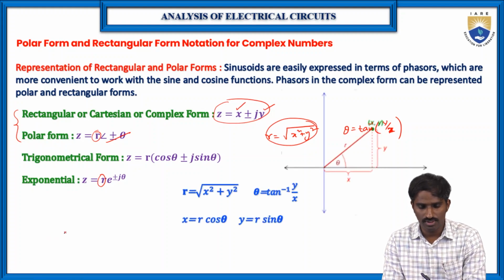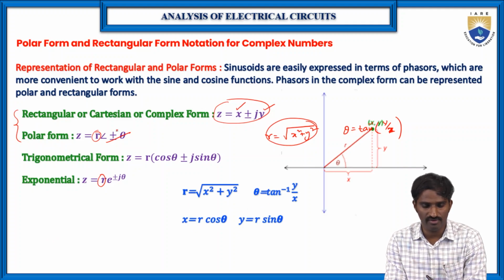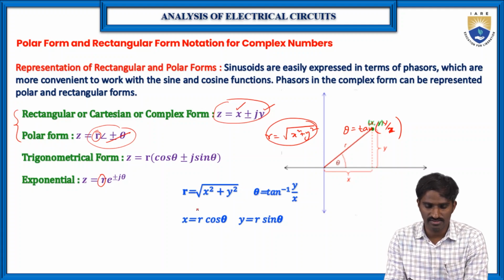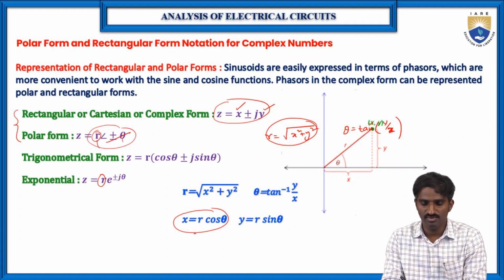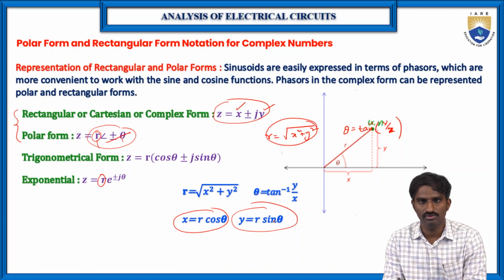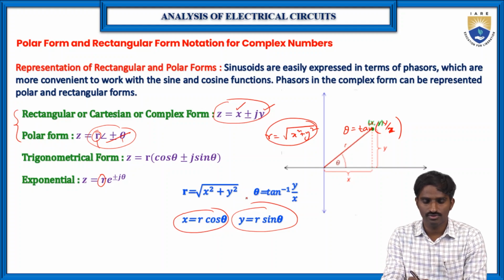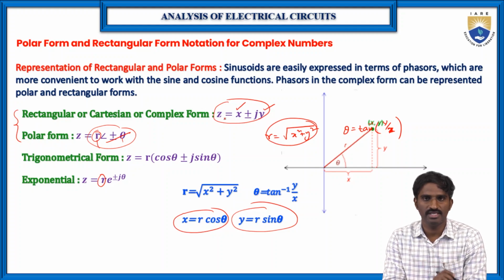Okay, just now I have mentioned. And suppose you have a polar form, then how can we convert it into the rectangular form? x is equal to r cos theta, because you know the values of r and theta, so you can substitute and get the x value. Similarly y is equal to r sin theta. If you substitute the r and theta values in these equations, you will get x and y values, so that you can convert the polar form into the rectangular form.